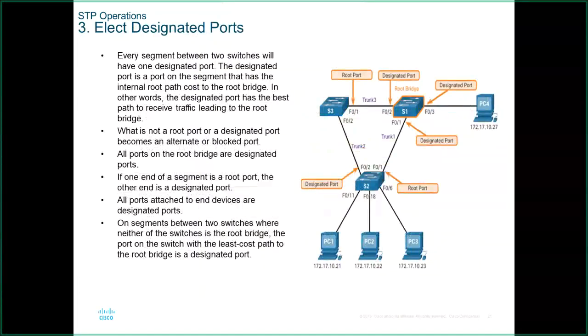Now, every other port is now going to rotate up to designated. So every switch has to have at least one designated port. This is our path to the root.